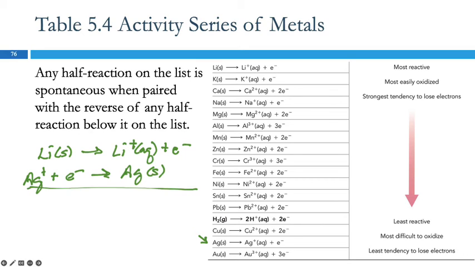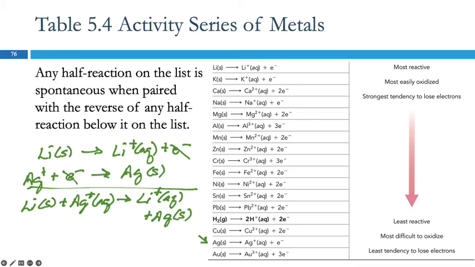And when we add those two together, the electron went from the lithium to the silver, and so it doesn't show up in the overall chemical reaction. So lithium metal plus silver ions, that will do a redox reaction, and it'll make lithium ions and silver metal. That is a net ionic equation. So let's make this silver nitrate, and then we've got lithium nitrate.